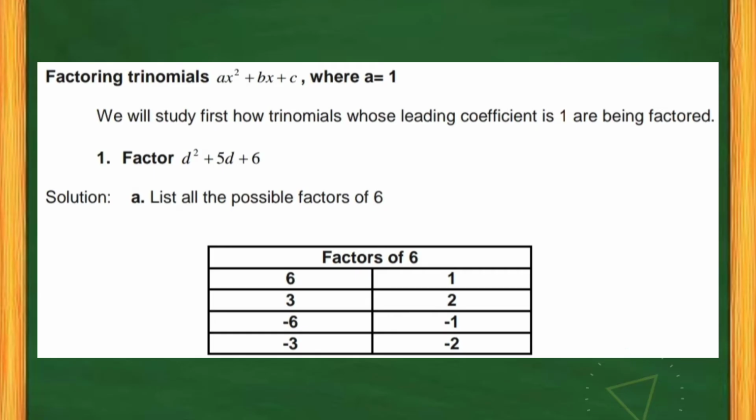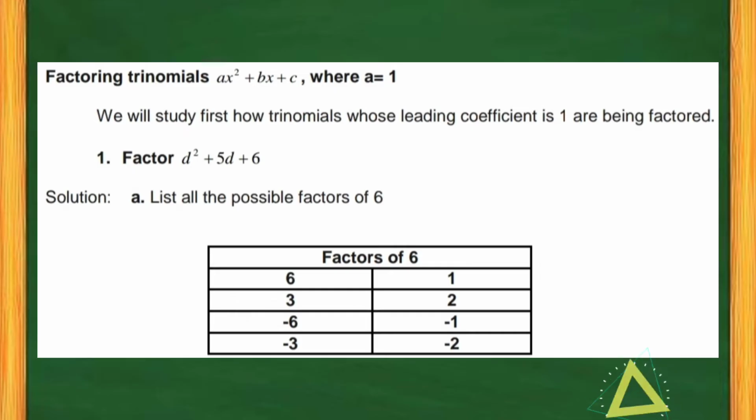For the solution, letter A, sabi dyan, ilista daw lahat ng mga pwedeng maging factors ng 6. Kung titignan natin dyan sa list ng factors, meron tayong 6 times 1, 3 times 2, negative 6 times negative 1 will give us positive 6 also. And we have negative 3 times negative 2, it will also give us positive 6.